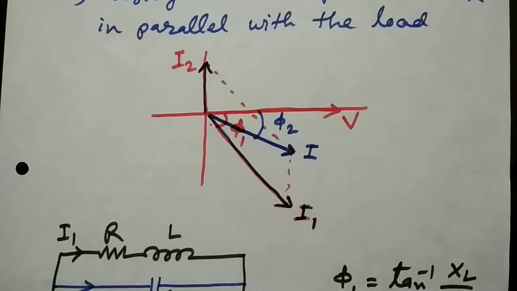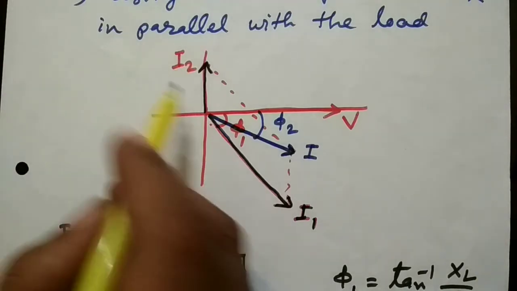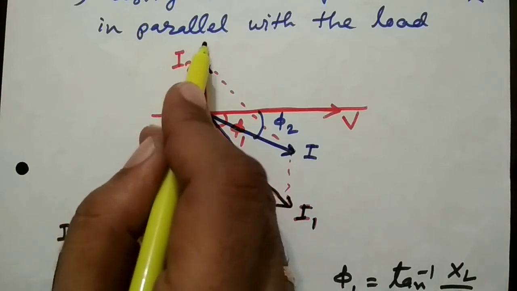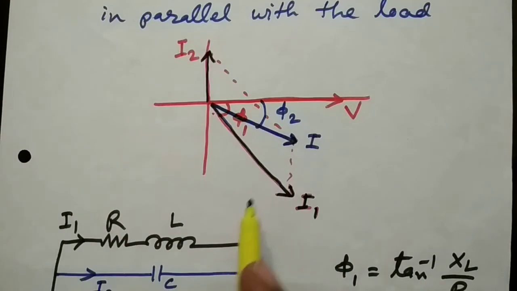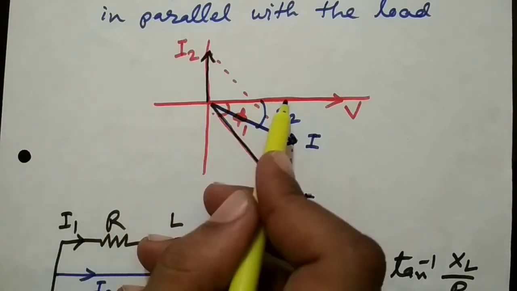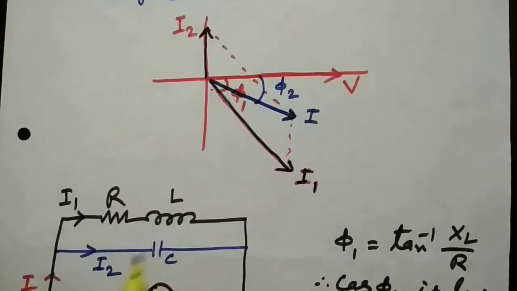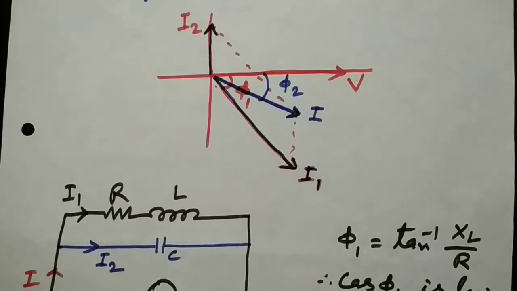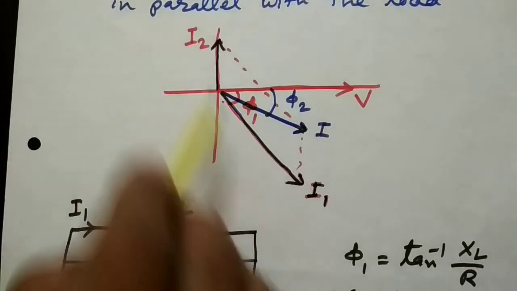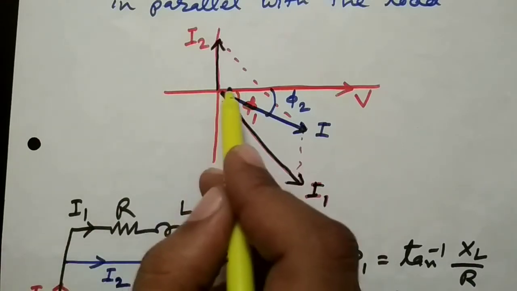By choosing the proper capacitor, if the current I2 magnitude is increased further, it is possible to make the overall circuit current in phase with the supply voltage. That is possible if we choose the capacitor value in such a way that the resultant of I1 and I2 will be in phase with the supply voltage.